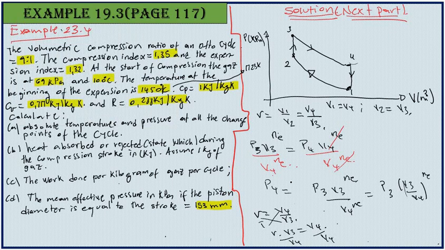If I do this, I can simplify. On this side I get 1. So here I have R multiplied by V3 over V4 is equal to 1.